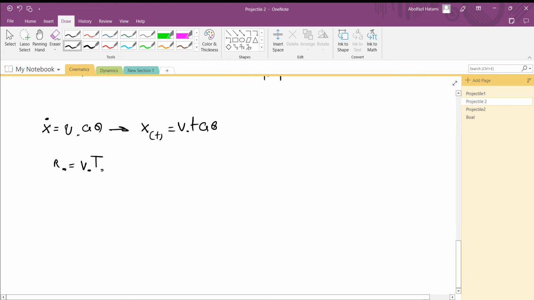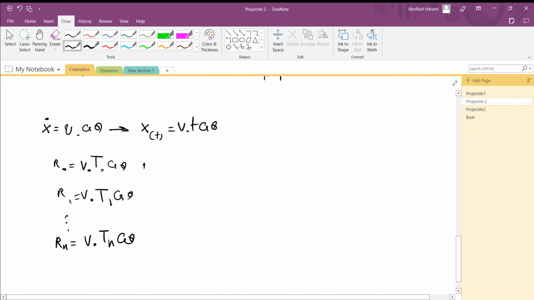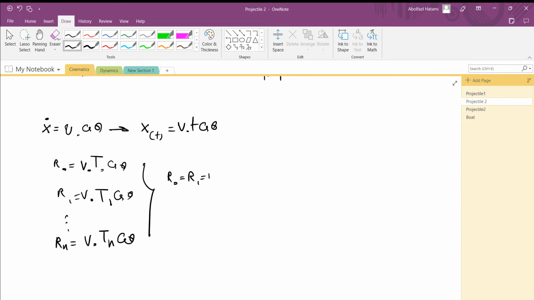r0 is v0 t0 cosine of theta. r1 is v0 t1 cosine of theta. Then rn should be just v0 tn cosine of theta, because we want r0 to be equal to r1, and it should be equal to r2 and so on to rn.